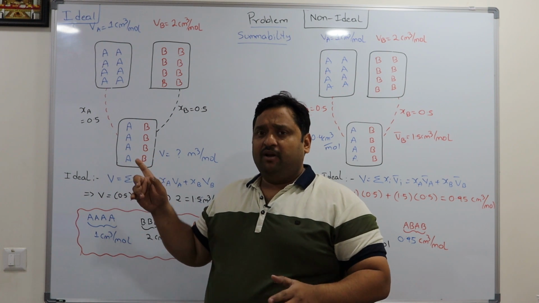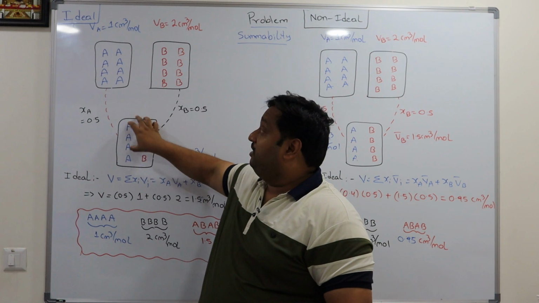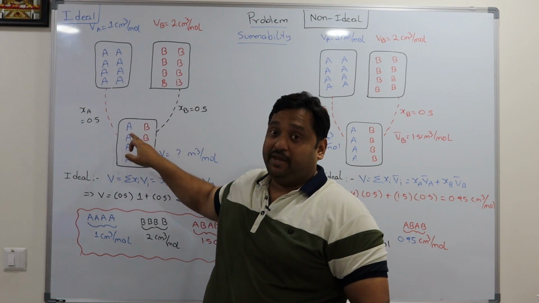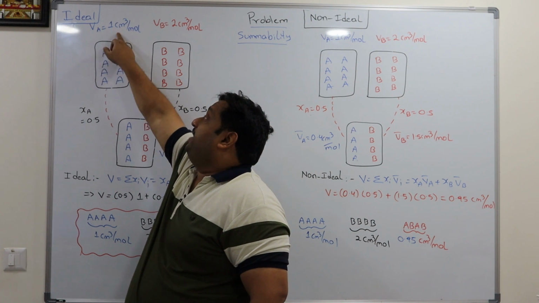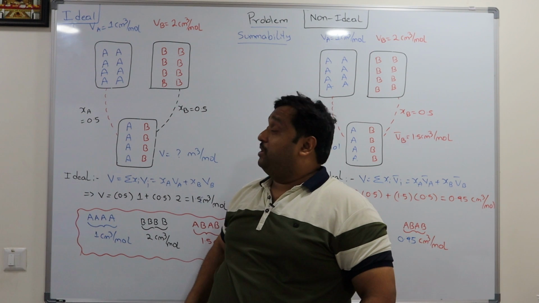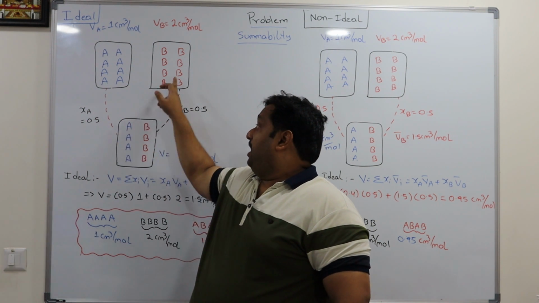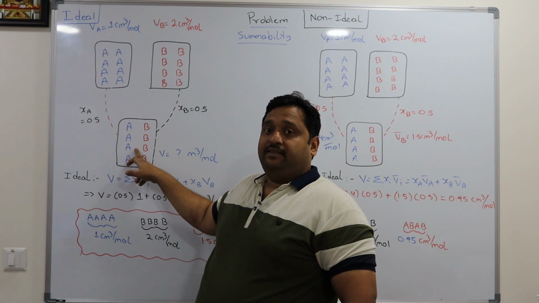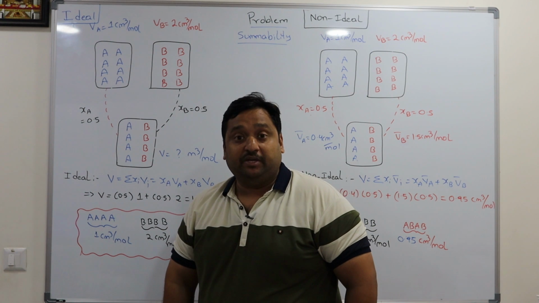In this example, we are going to measure what is the molar volume of the mixture if I mix pure A and pure B for the ideal case. Given the molar volume of A is 1 centimeter cube per mole, molar volume of B is 2 centimeter cube per mole. And imagine 50% of A and 50% of B I have mixed in a container. Now I have to measure what is the molar volume of the mixture.